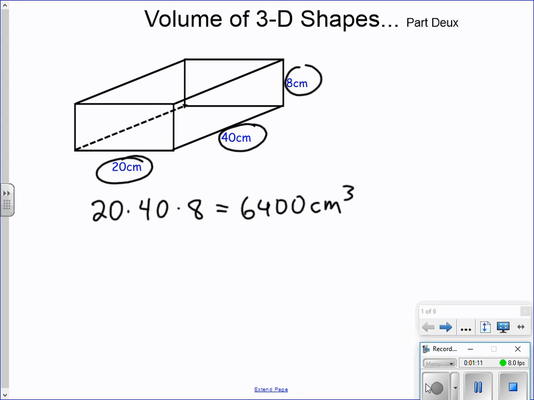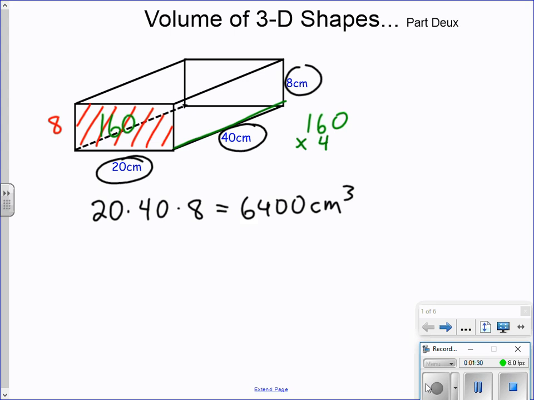As I mentioned last lesson, I typically find the area of the front of the shape, which in this case is a rectangle, which is 20 times 8, which is 160. And then I usually multiply that by the depth of 40.